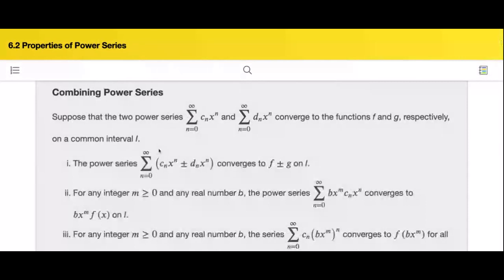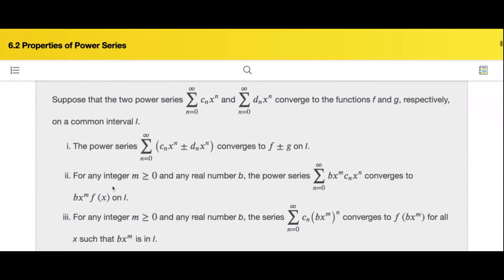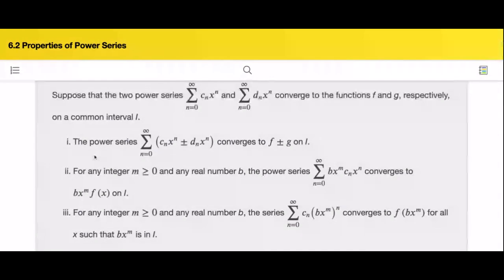Combining power series. Suppose the two power series the sum of c_n x^n and the sum of d_n x^n converge to the functions f and g, respectively, on a common interval I. So, three things. First, the power series of the addition or subtraction of the two converges to f plus or minus g on the same interval.